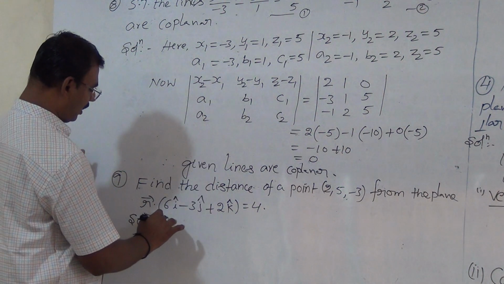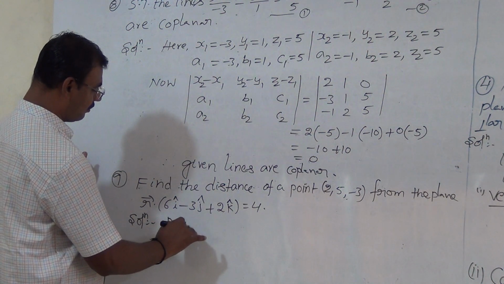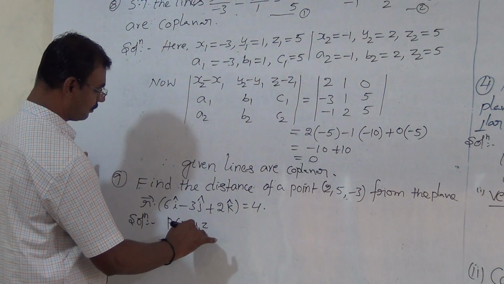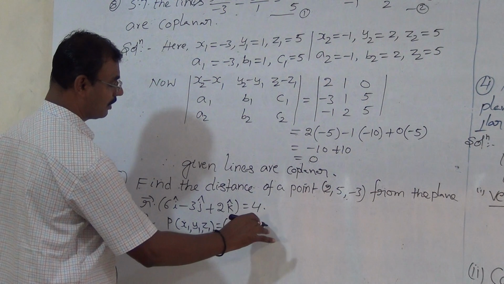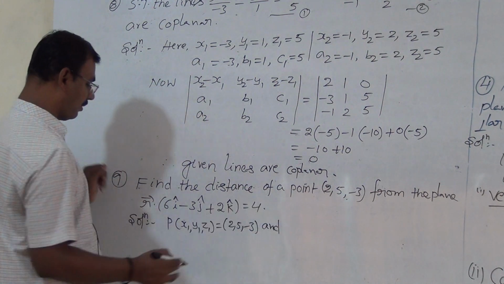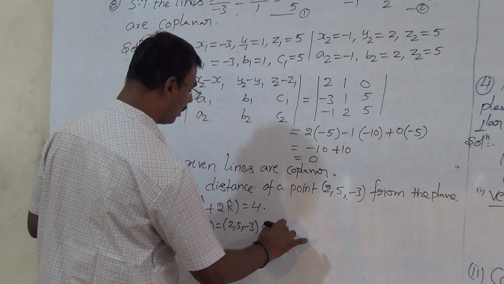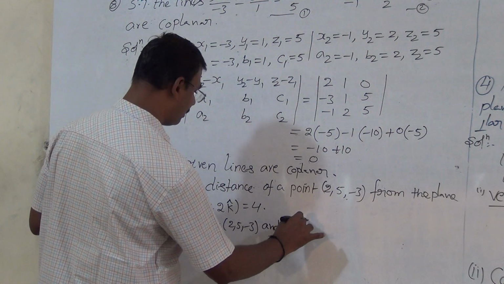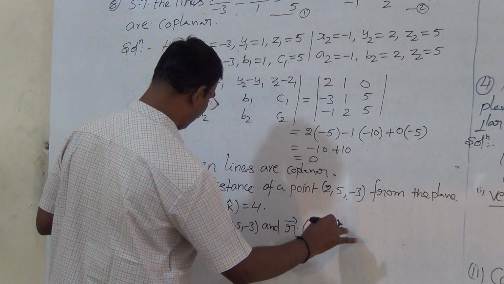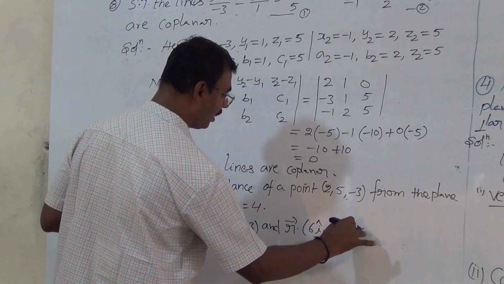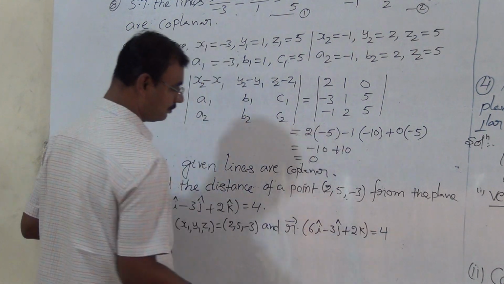What is the point here? P(x1, y1, z1) we take, that is equal to the point 2, 5, minus 3, and the plane given is r bar dot (6i minus 3j plus 2k) is equal to 4.